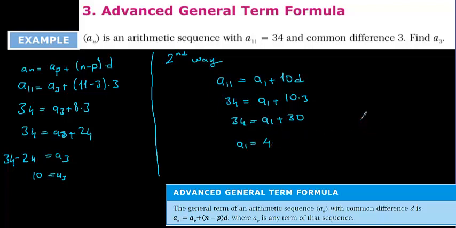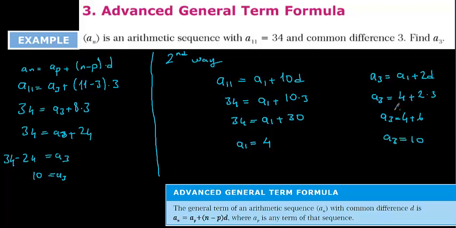When we know A1, it's easy to find A3. A3 is equal to A1 plus 2d, so A3 is equal to 4 plus 2 times 3, which is 4 plus 6, so A3 is equal to 10.